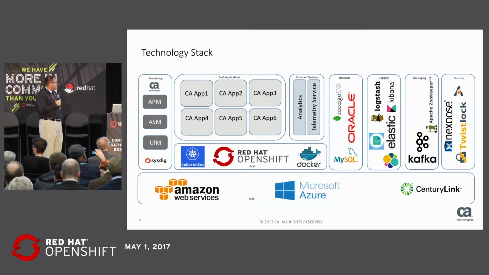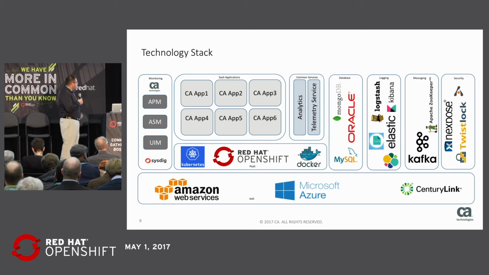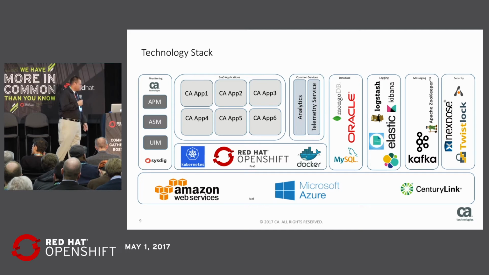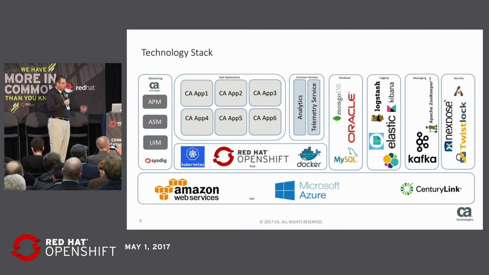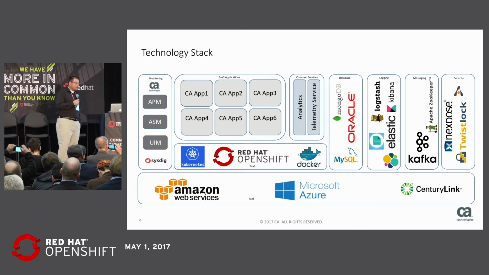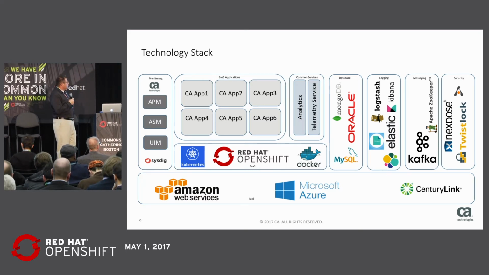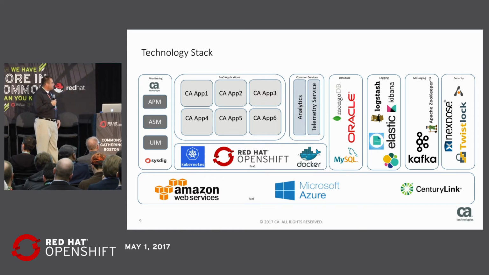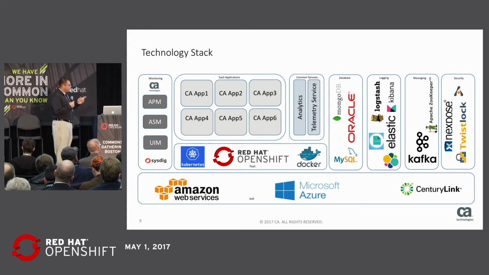On the left-hand side, we have our monitoring solution. It's actually a combination of CA products, APM, ASM, UIM, and then Sysdig down at the bottom for container-level performance metrics and reporting or alerting. On the right-hand side, you'll see some of the common services that are running outside as standalone: our DB layer, and ELK, Elasticsearch Logstash Kibana, not the EFK.